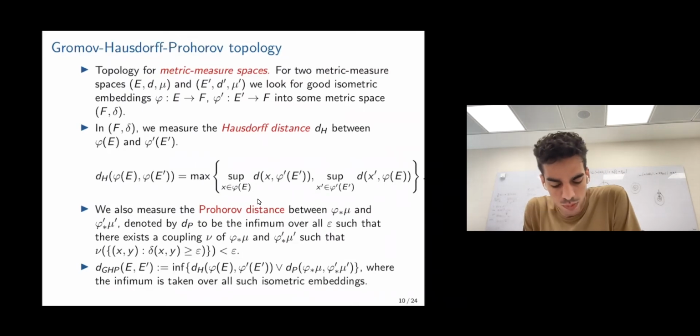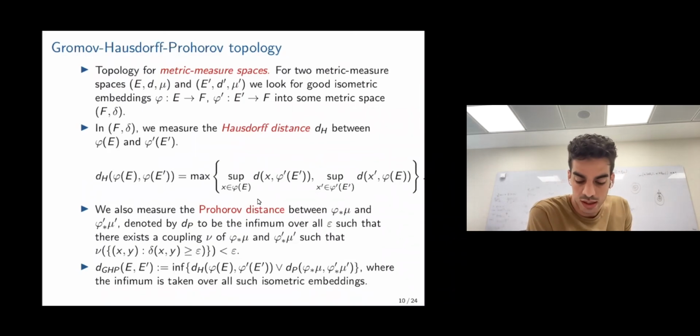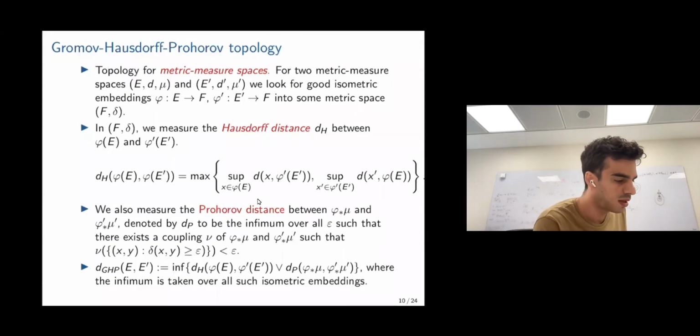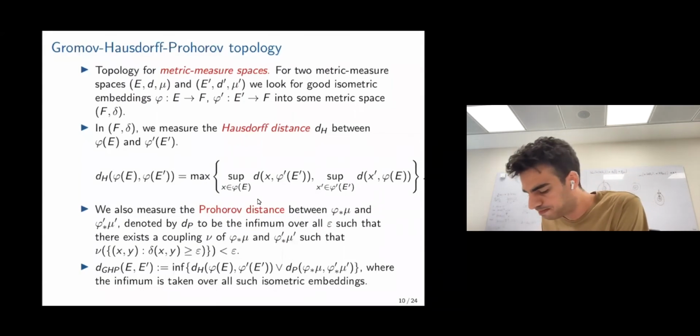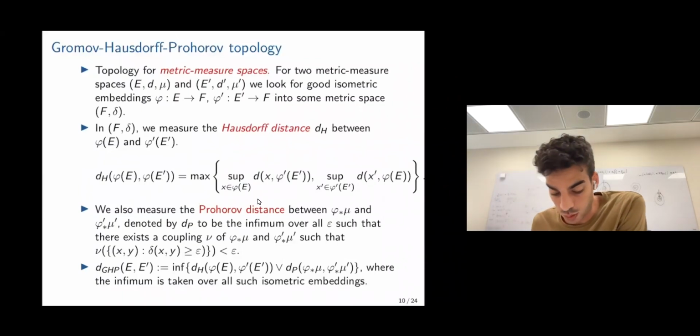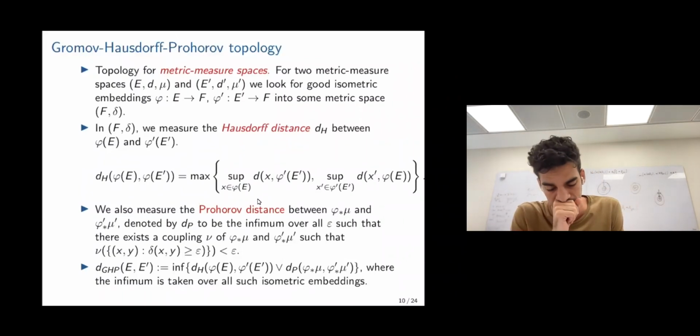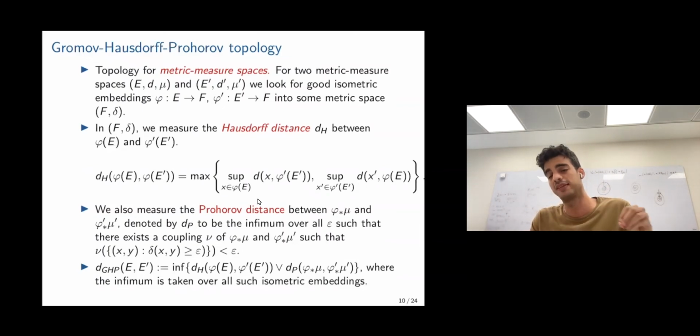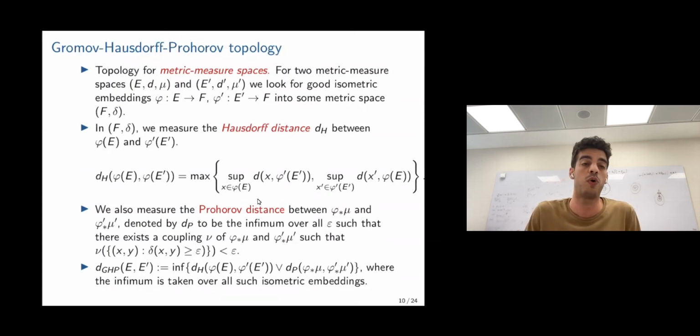The next thing we want is that the Prokhorov distance between the push forward measures that we get from these embeddings is small. What we hope to achieve is that there is a way to couple the two measures after the embedding, such that with large probability, a sample according to this coupling will give us two points which are close to one another.